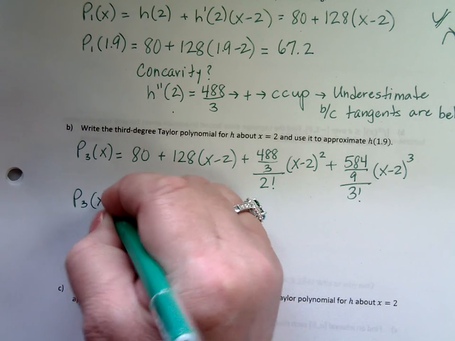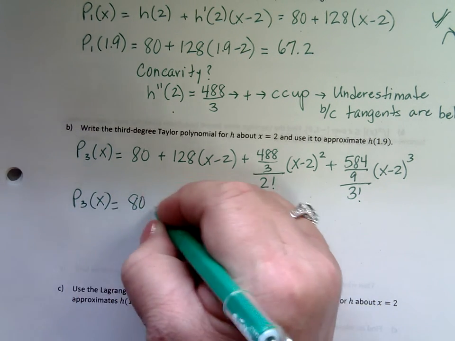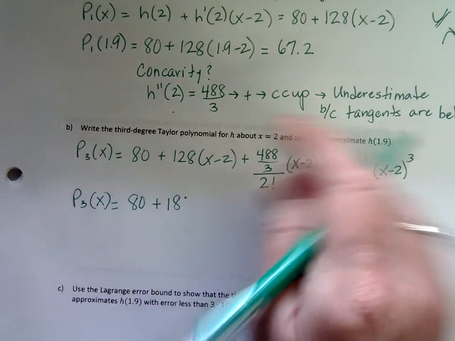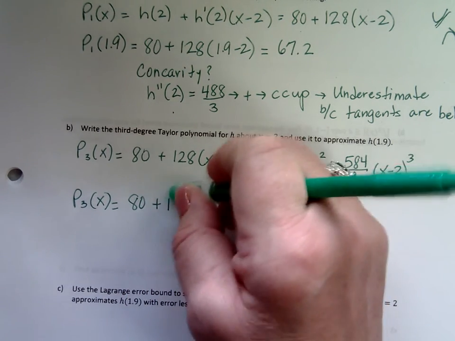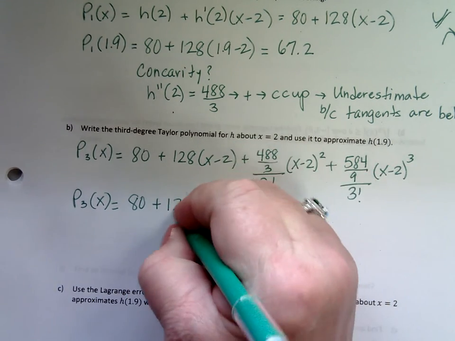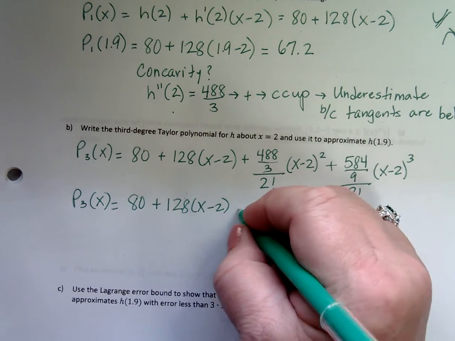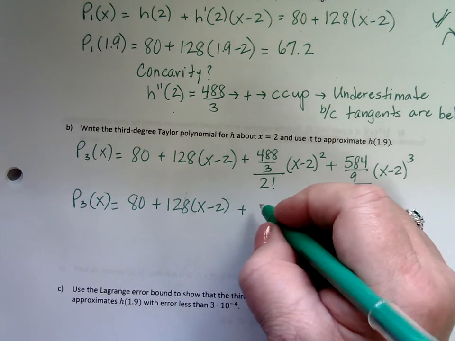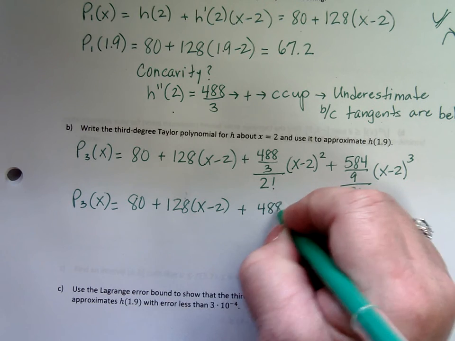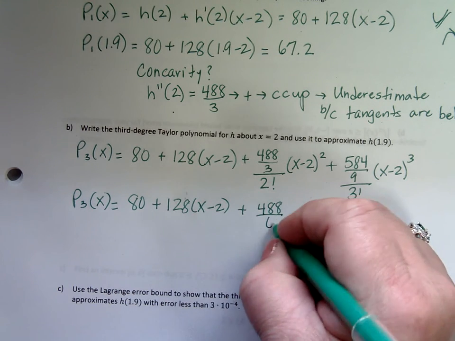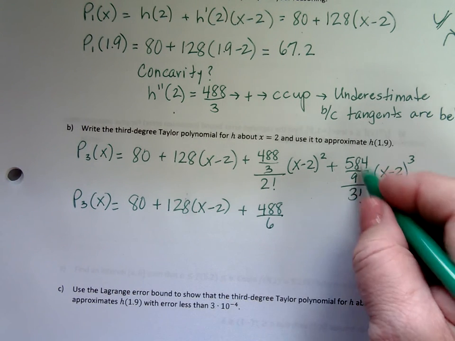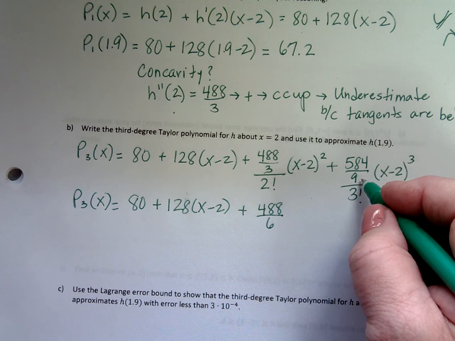80 plus 128 times (x minus 2), plus, if I do the math here, it's 488 over 6, multiplying by 1/2. This one I'm multiplying by 1/6. So this one, let me finish this out.